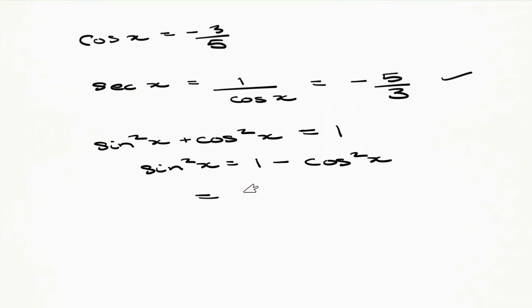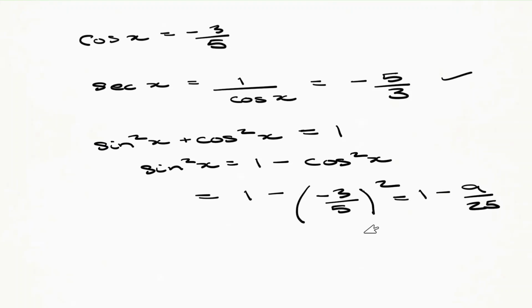So that would be 1 minus 3 on 5 squared, which will basically be 1 minus 9 on 25, which is 16 on 25. Right, so that's sine squared x.